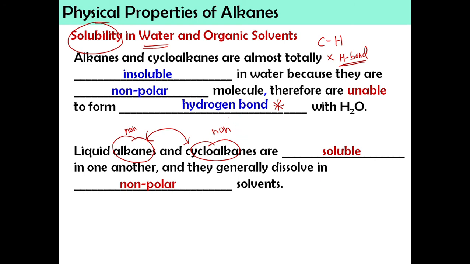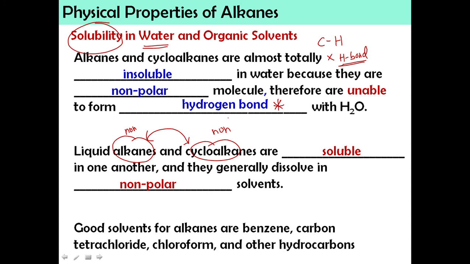Okay, so contoh pelarut. Okay, a good solvents for alkanes are benzene, carbon tetrachloride, CCl4, chloroform and other hydrocarbons. Okay, jadi ini semua adalah compounds yang non-polar compounds. Okay, so kalau non-polar dengan non-polar, dia akan soluble in one another.